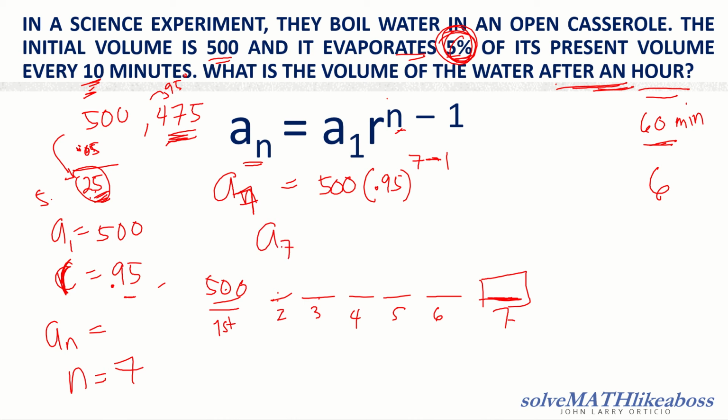Then, A sub 7 is equal to, siyempre, 500 times 0.95 raised to 6, kasi 7 minus 1. Ngayon, i-calculator natin yung 0.95 raised to 6. So, 0.95 raised to 6 ay 0.73, or approximately 0.74. So, dito natin siya equals 500 times 0.74.